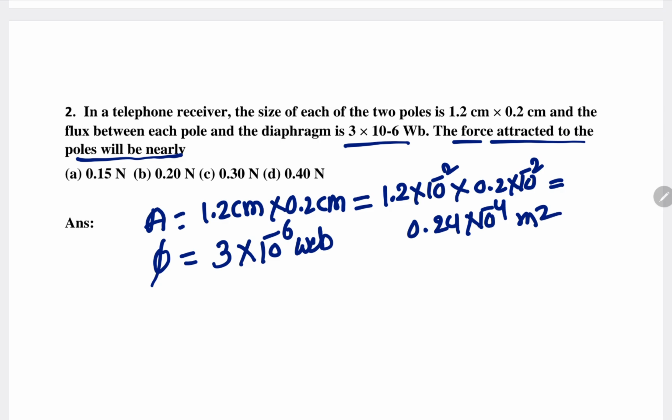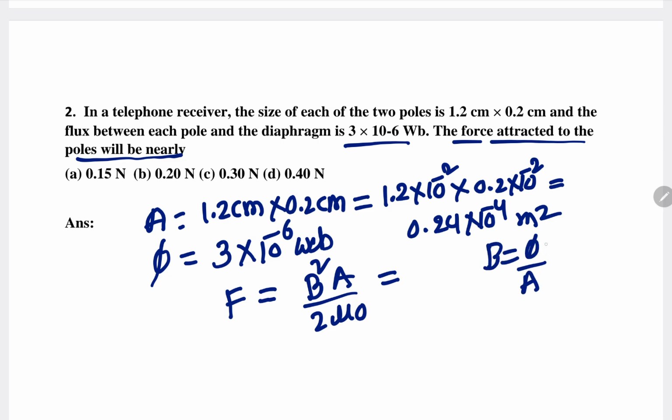And we want to calculate the force. So the force attracted to the poles, what is the force formula? B square A by 2 into mu naught. So B is flux density. Again, flux density we have to calculate as flux by area. So what is the flux value? 3 into 10 to the power of minus 6 divided by area, 0.24 into 10 to the power of minus 4.